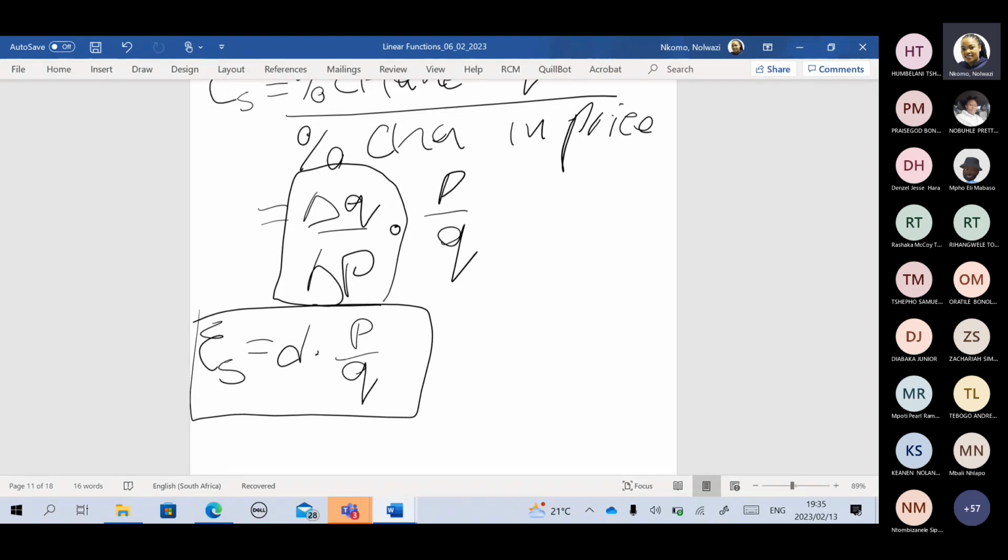The difference between these two: remember, for the elasticity of demand, we have Q is equal to A minus BP.